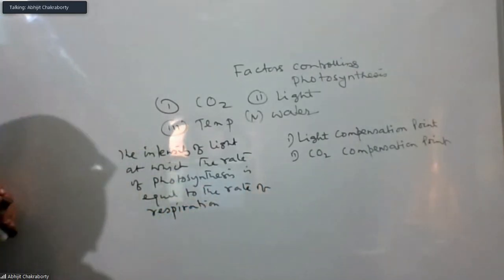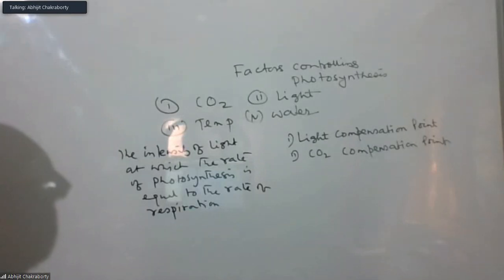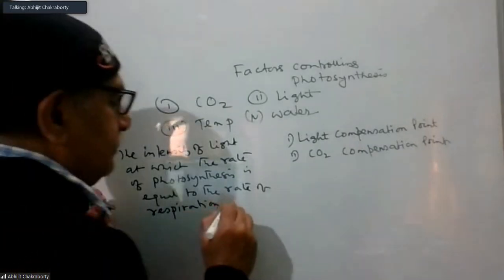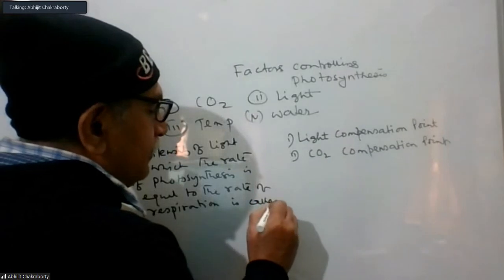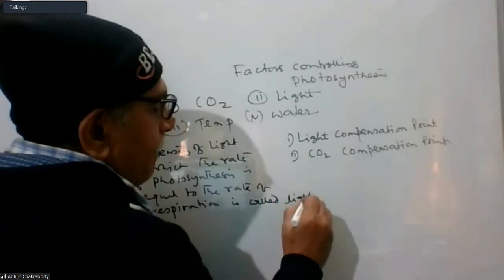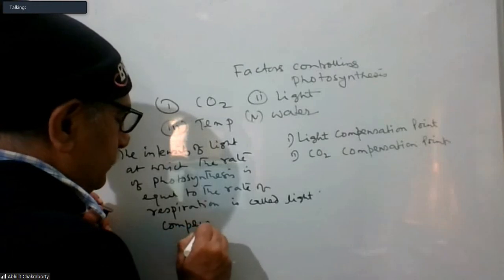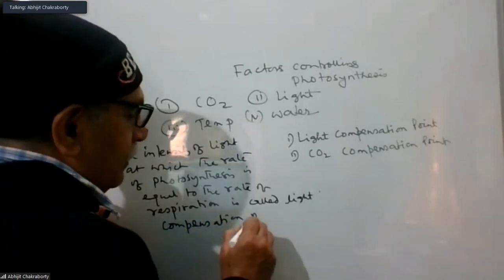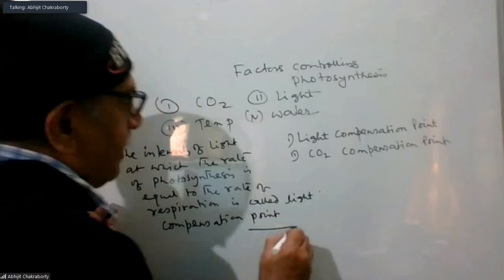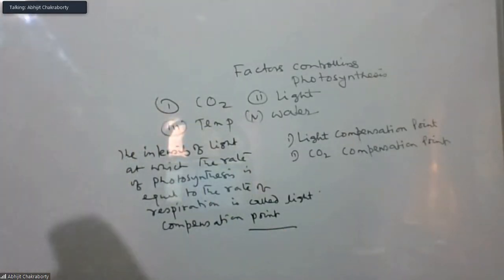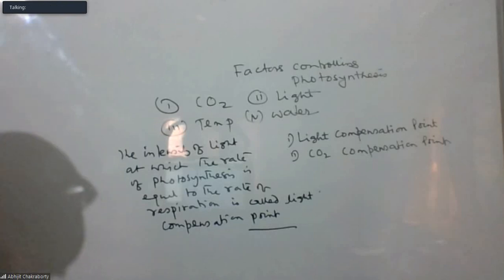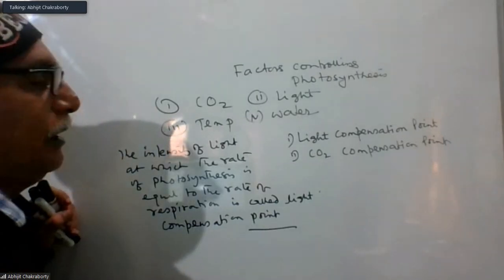The intensity of light at which the rate of photosynthesis is equal to the rate of respiration is called the light compensation point.